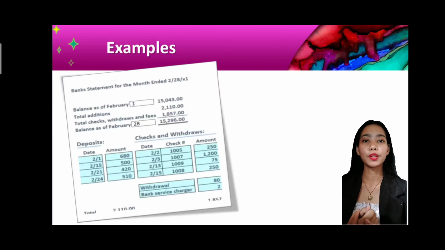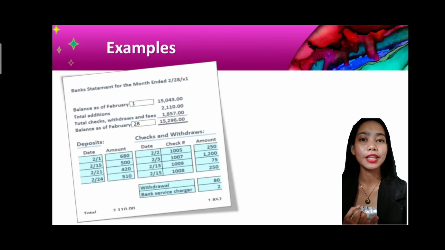So, for example, we might have the bank statement, in this case at the end of February, showing the beginning balance, showing the activity, showing the ending balance at the end of February, and then giving us the detail, the deposits and the checks and the other transactions that would be involved in order to get our ending balance from the beginning.